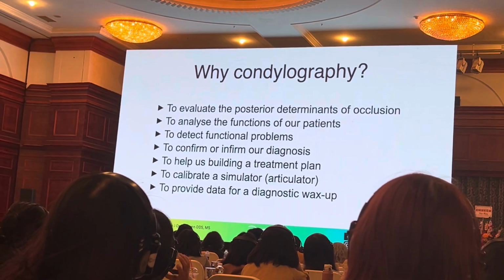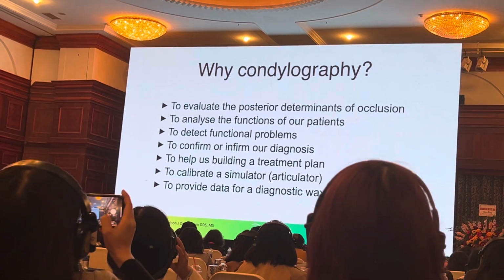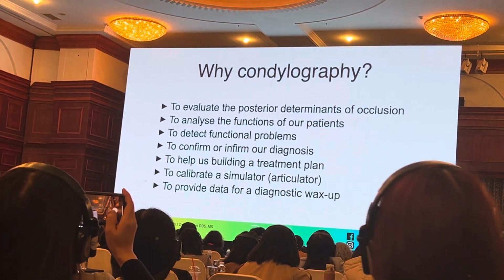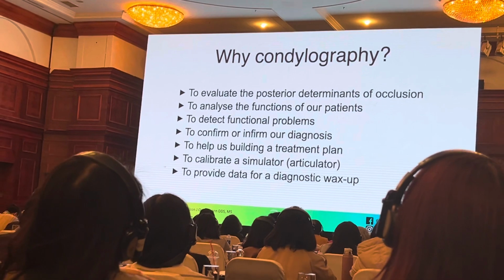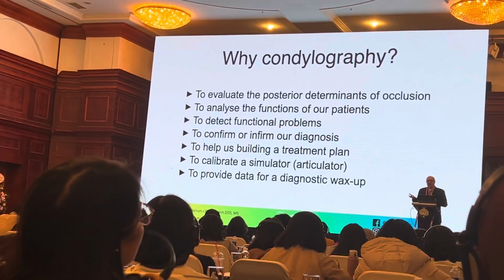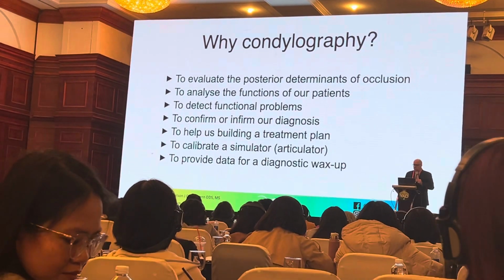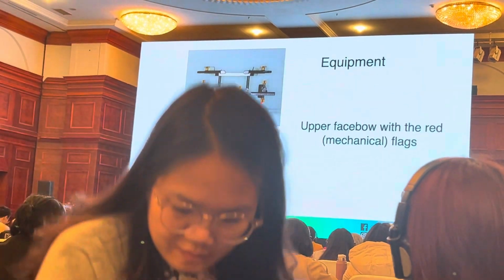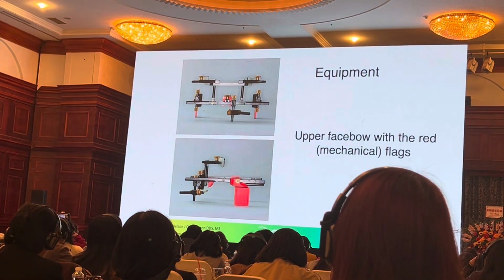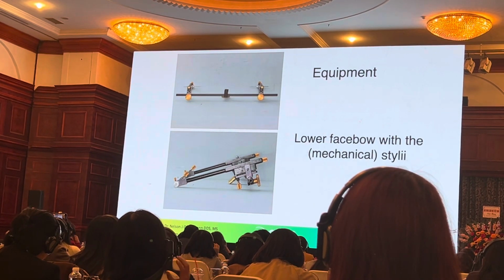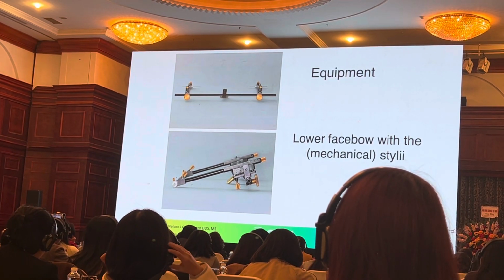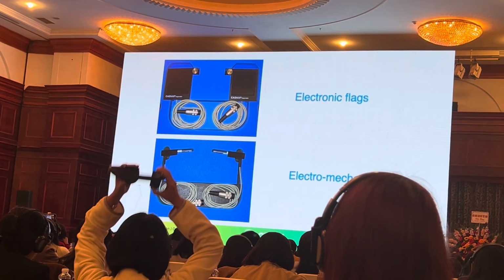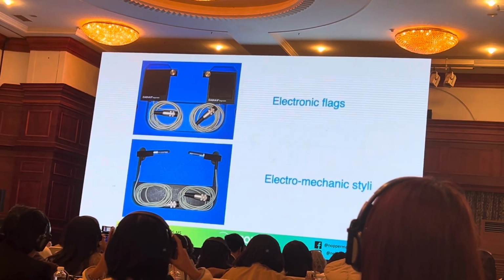And at the end, for your diagnosis, or if you want to deliver a patient, for example, as claimed or by test, it's possible. So I use an upper face bow like this, okay, and a lower face bow like this. And those two systems will be connected with a sensor, which is the TMJ of the system, okay?